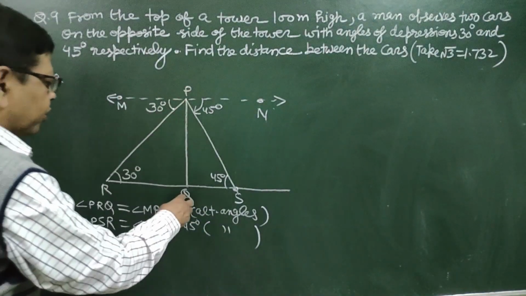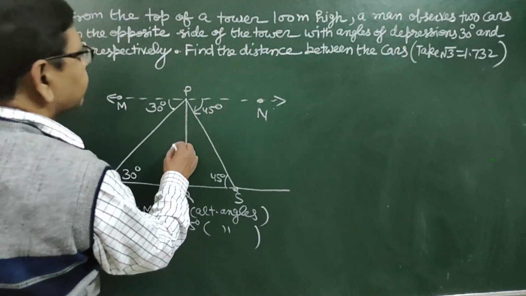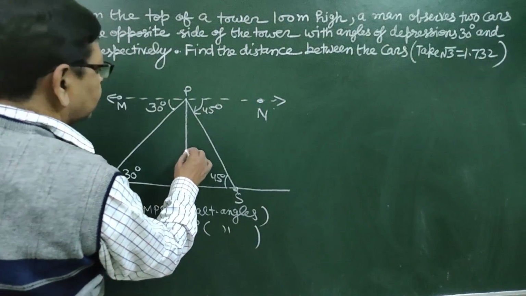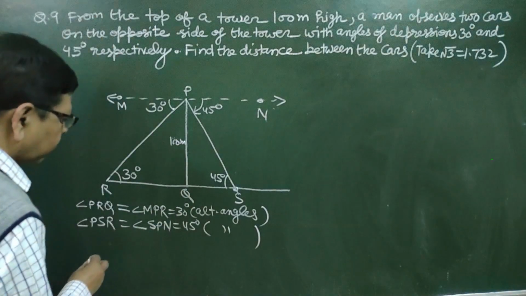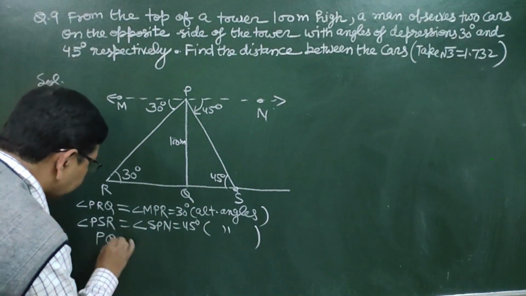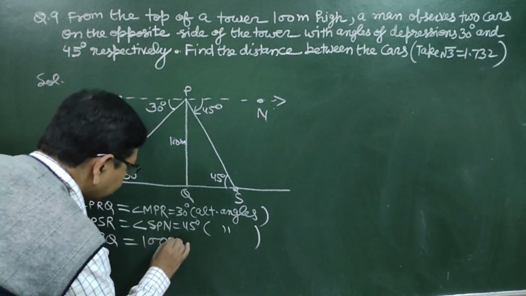Now the height PQ is 100 meter. So PQ is given equal to 100 meters.